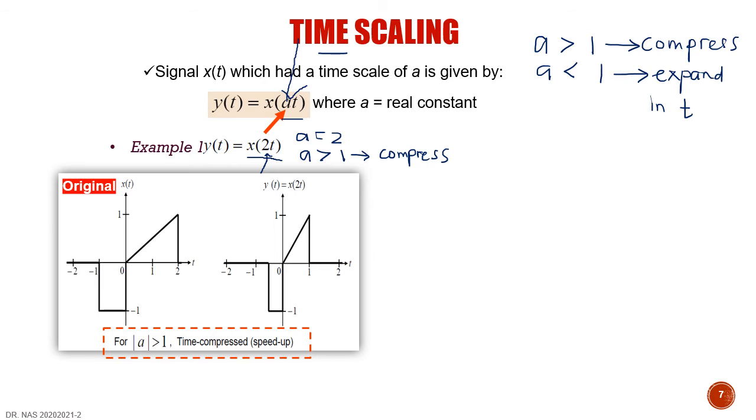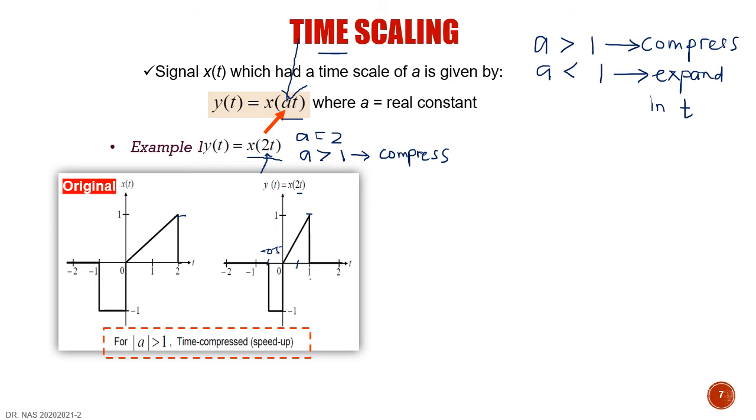If the signal is being compressed, by how much? By 2. So you need to divide all t by 2. So 2 becomes 1, 1 becomes 0.5, and minus 1 divided by 2 becomes minus 0.5, but there's no change in the amplitude.